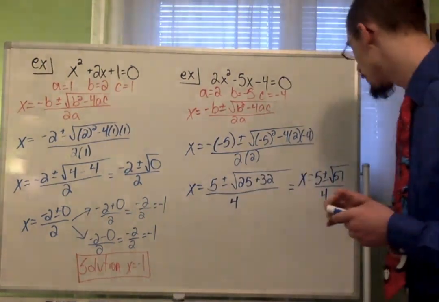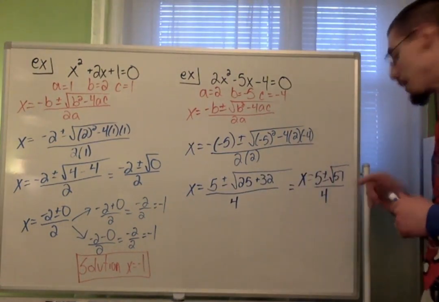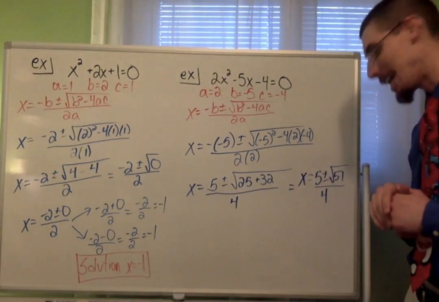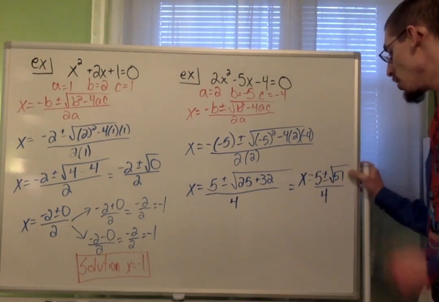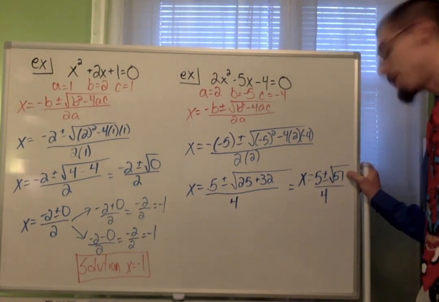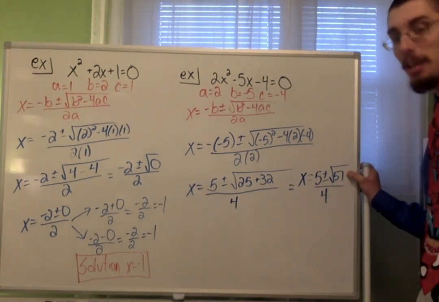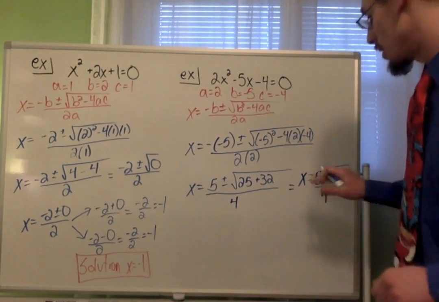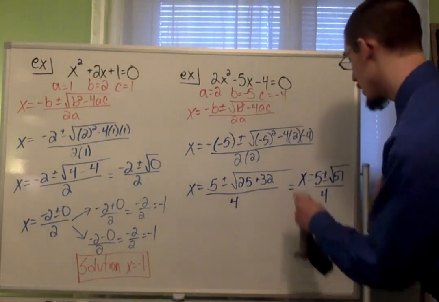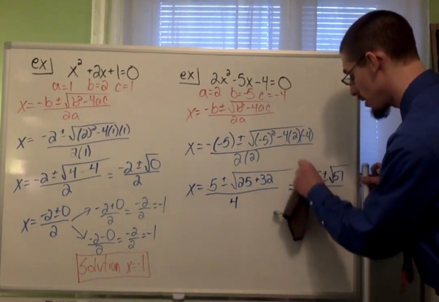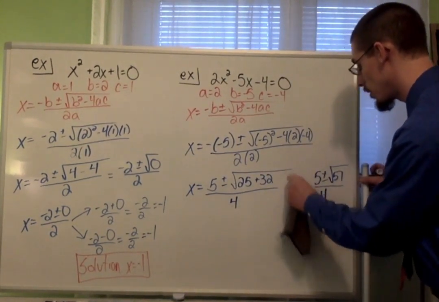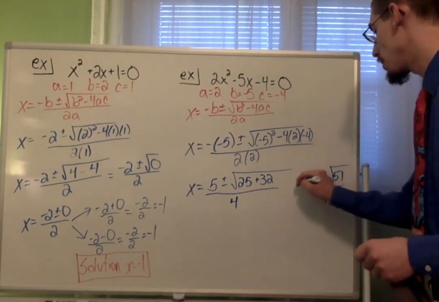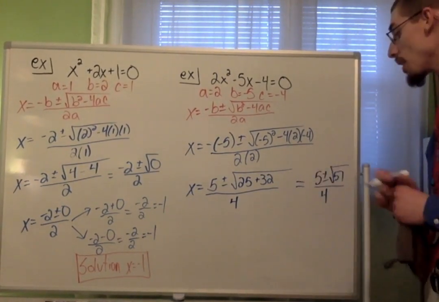Now, 5 plus or minus the square root of 57. You might notice that the 57 is not a perfect square. So what I'm going to do is, I just realized what I did here. Don't need the x equals part. Just equals, right?